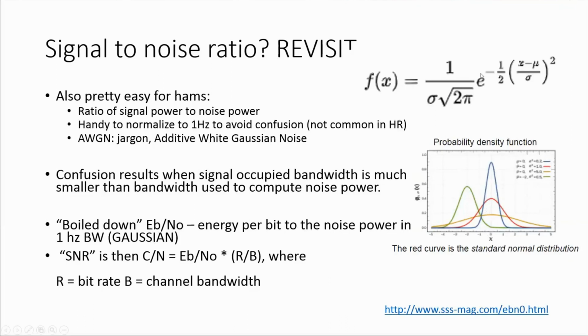So using this expression, if we can figure out how much energy per bit, referenced to 1 hertz bandwidth, we can compare everybody to everybody else. And then if you want to unnormalize that to your radio, then you can go backwards using this ratio, the information rate, the channel bandwidth, and you get the carrier noise ratio, which is the usual SNR that we would talk about.